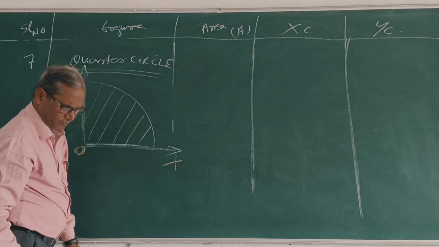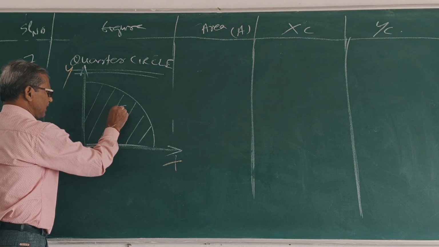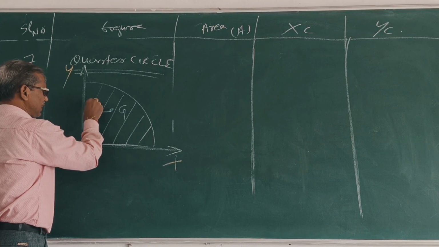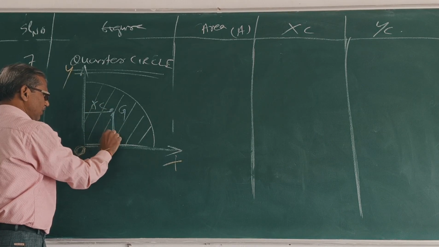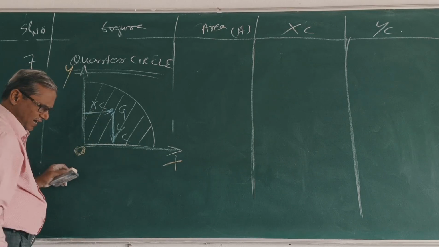Clear? The CG lies in this axis. XC, YC. This is R. What is the radius?